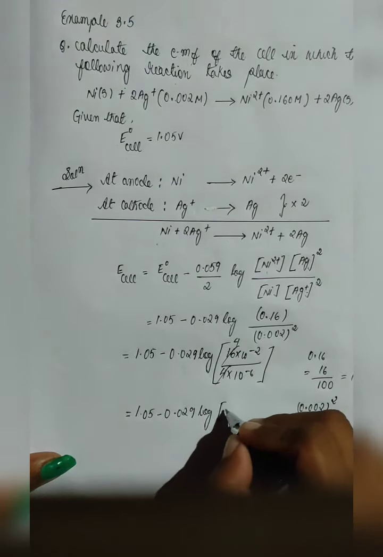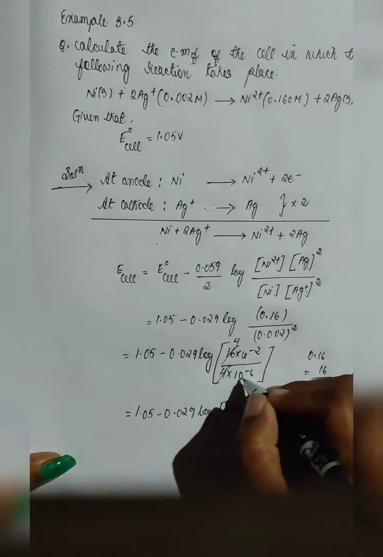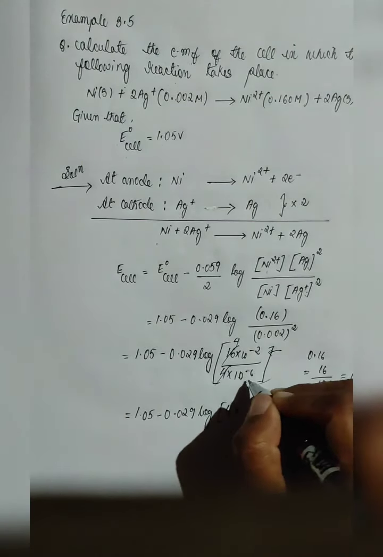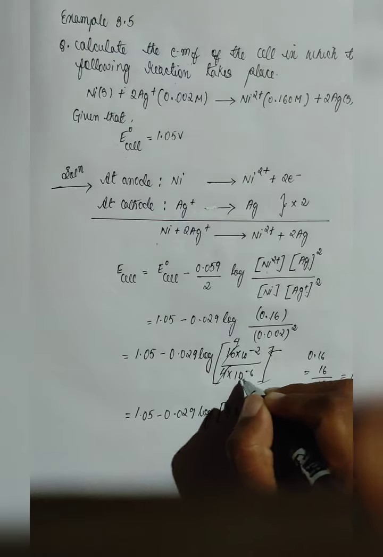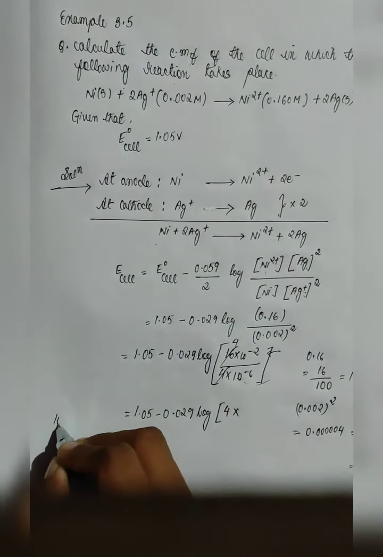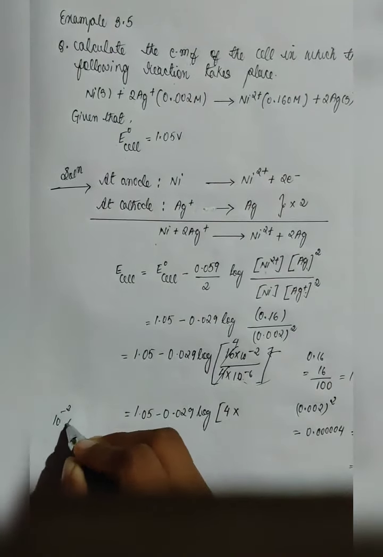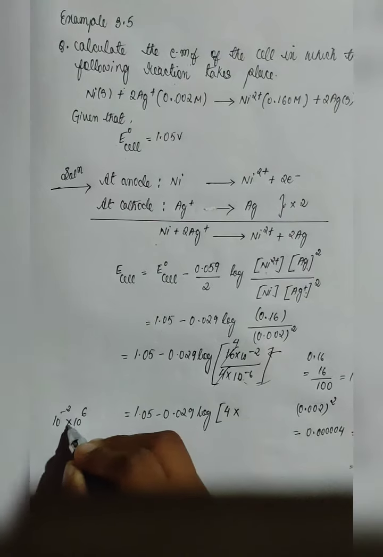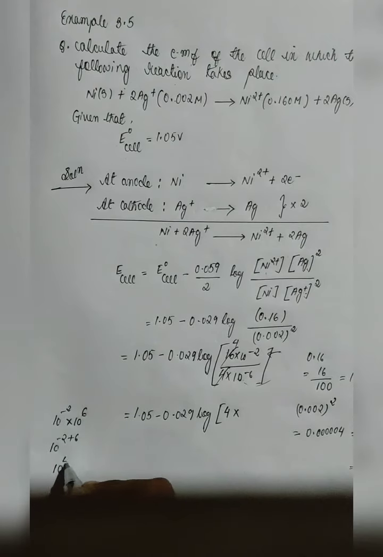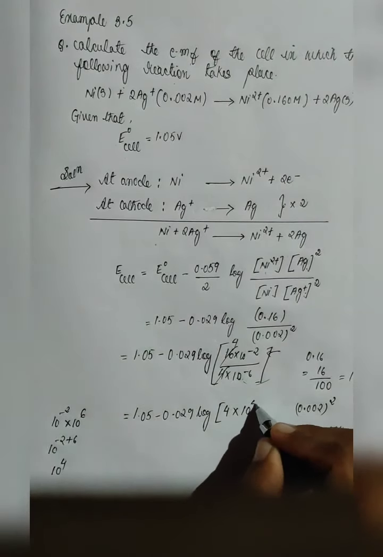Now we have 4 into 10 to the power minus 6. If it goes to the numerator, it will be converted to positive. That means it will be 10 to the power plus 6. So it will be in this manner, 10 to the power minus 2 into 10 to the power 6. In multiplication, the power terms will be added, plus 6. So we will get 10 to the power 4.